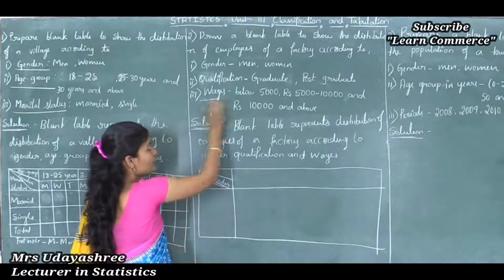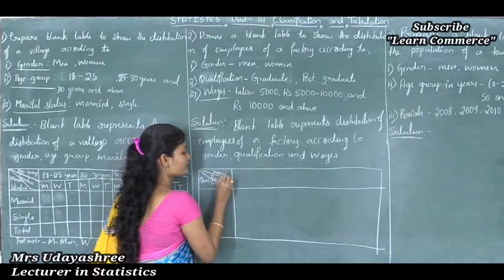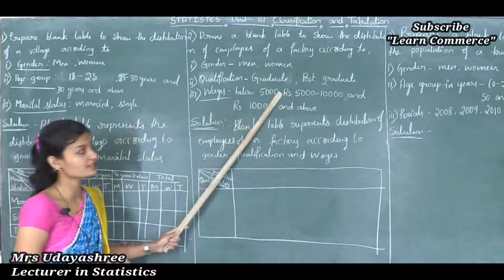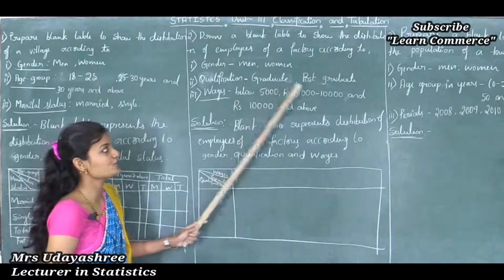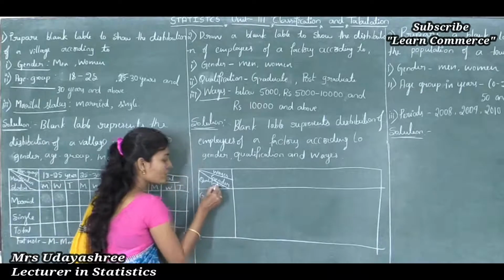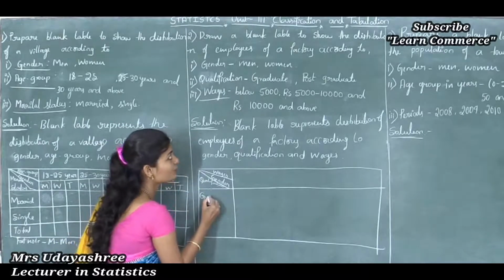Next, the one classification remaining I will write here, that is wages. The qualifications given are graduate and postgraduate, so under qualification I will write graduate and postgraduate.